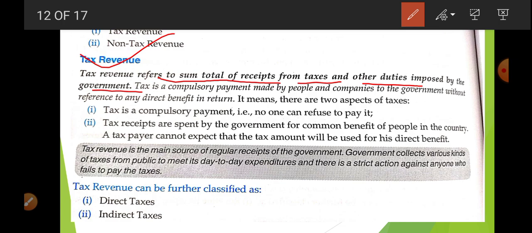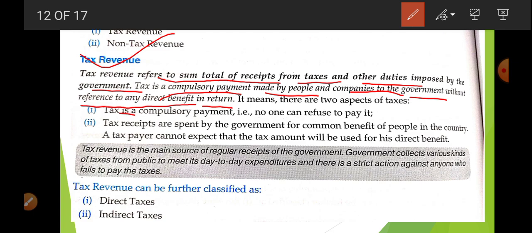If the government has imposed a tax, you have to pay, you cannot deny it. Tax is a compulsory payment made by people and companies to the government without reference to any direct benefit in return. Whether direct or indirect, you are paying the tax, but you cannot expect anything in return.